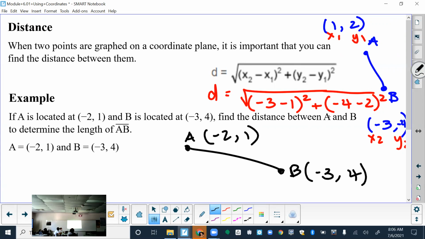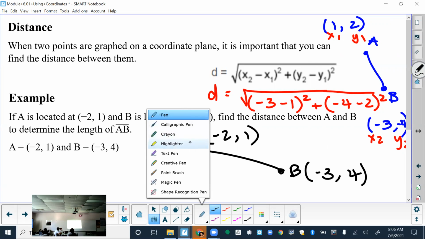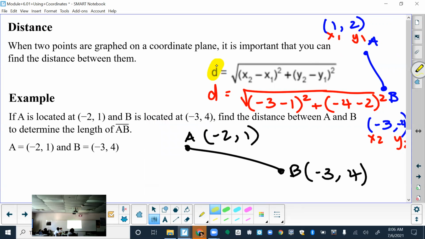Find the distance between A and B using this formula up here. All right, plug that in. When you finish plugging that in, raise your hand. I'll come check your answer, give you the okay, and then you can start the break. So that's kind of like your exit ticket to the break.